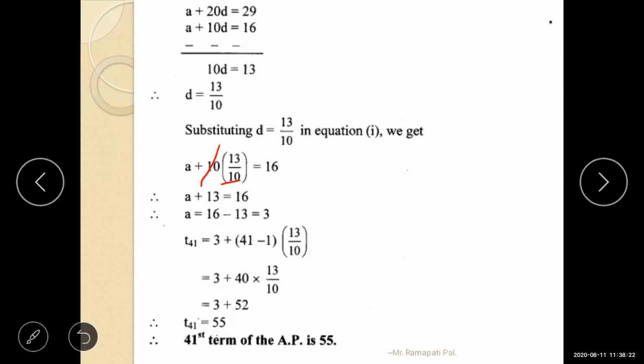Now we know the value of a. We know the value of d. Correct? Now we have to find out T41. Is it clear? We have to write the formula and then substitute the values in T41, which is equal to 3 plus 41 minus 1 into 13 upon 10. 41 minus 1 is 40.